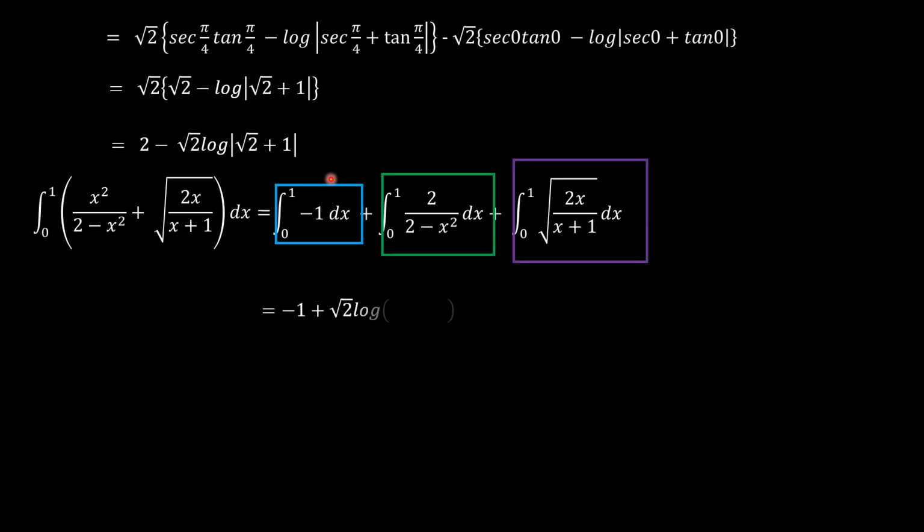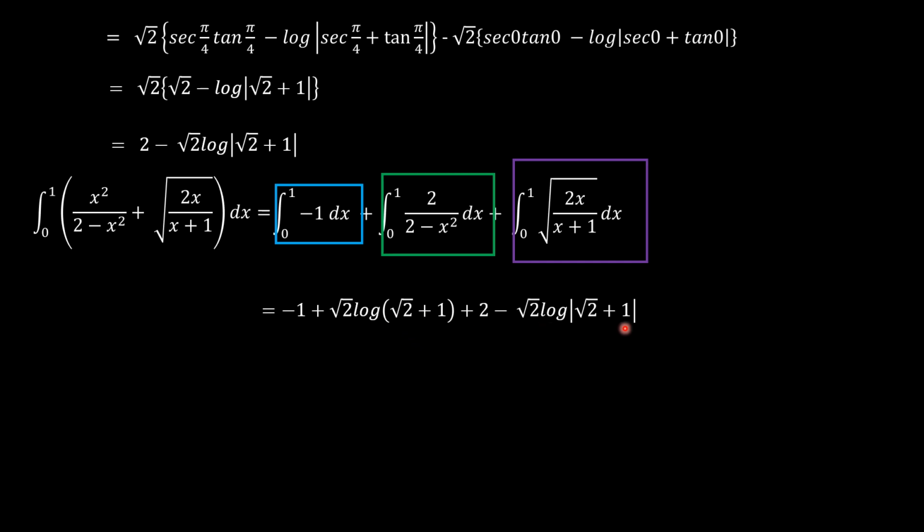And as you've seen, we've derived it as -1 plus 2 square root of 2 log root 2 plus 1, plus 2, minus square root of 2 log absolute of root 2 plus 1.